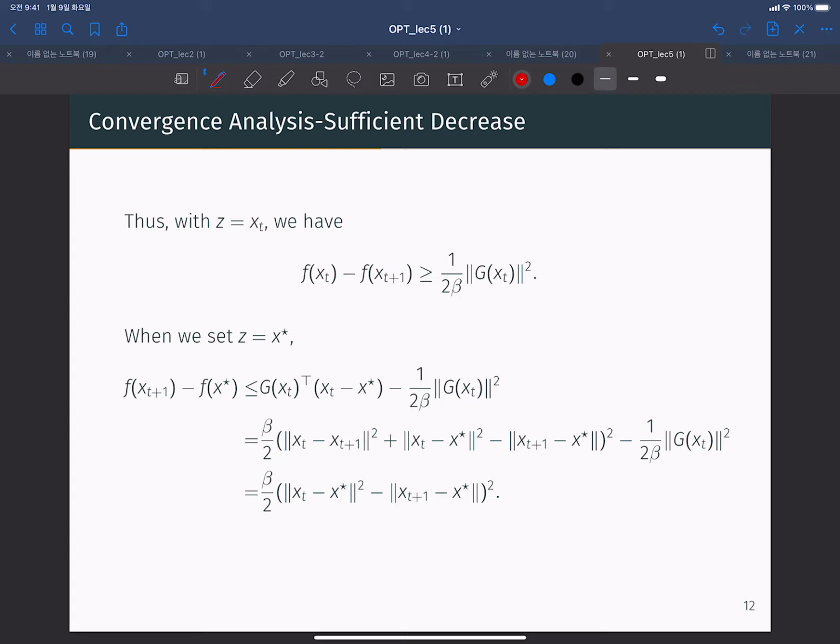When we set z equal to x_t, we have f(x_t) minus f(x_{t+1}) greater than or equal to 1 over 2 beta times G(x_t) norm squared.